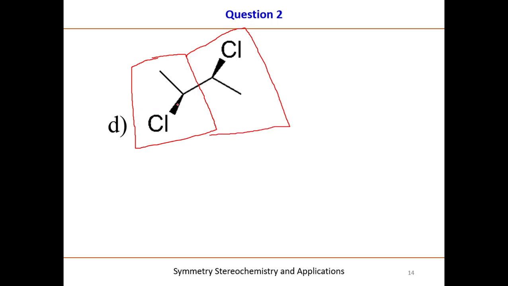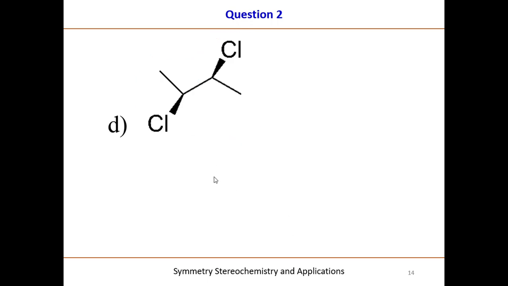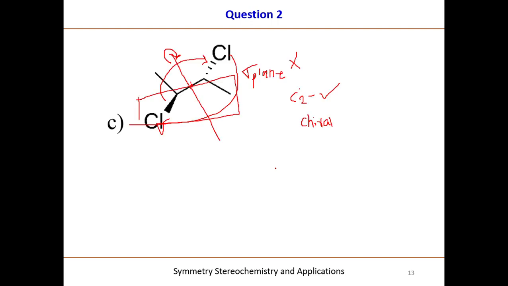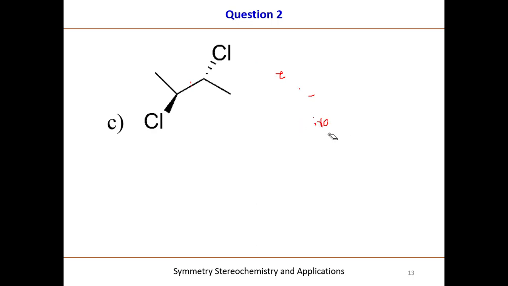Imagine in 3D, this is front side, this is front side. Sorry for the confusion. Actually this is drawn in zigzag form, so I will write in the simplest form first, then it will become easy to understand.